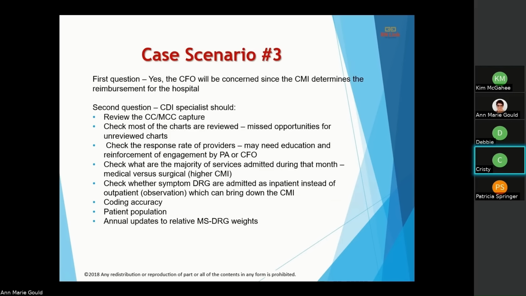The relative weight. And they check whether symptom DRGs are admitted as inpatient instead of outpatient, which is supposed to be observation, which can bring down the CMI.